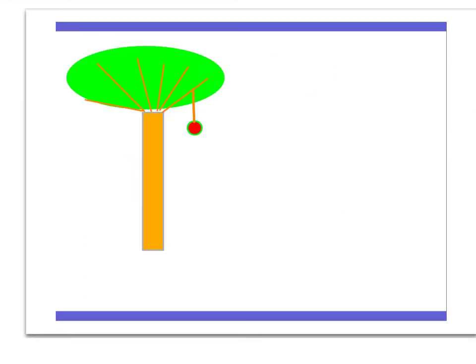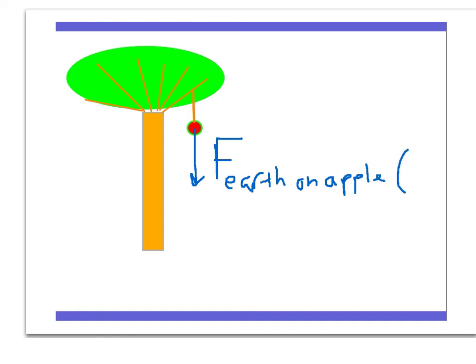Another example: here's an apple hanging from a very poorly drawn tree. If I were to ask you to draw the forces acting on the apple, I think you would all straight away draw the weight force, which we can describe as the force of the earth pulling on the apple, often labelled mg, the weight force.